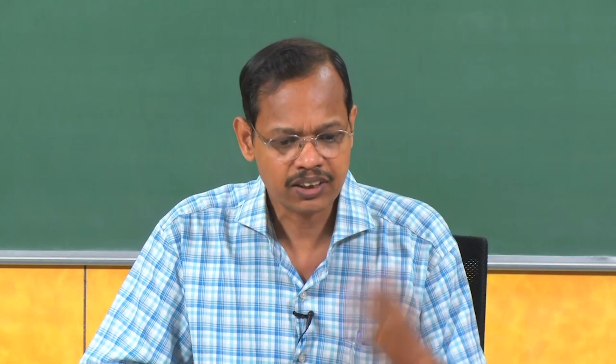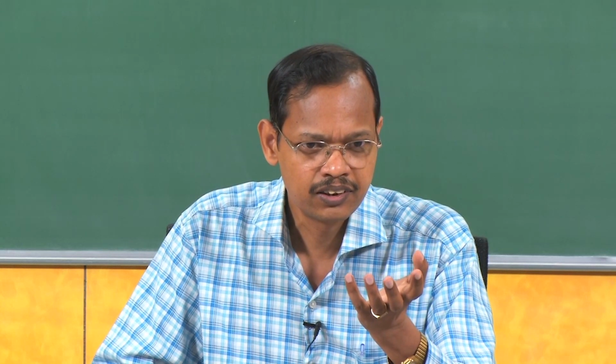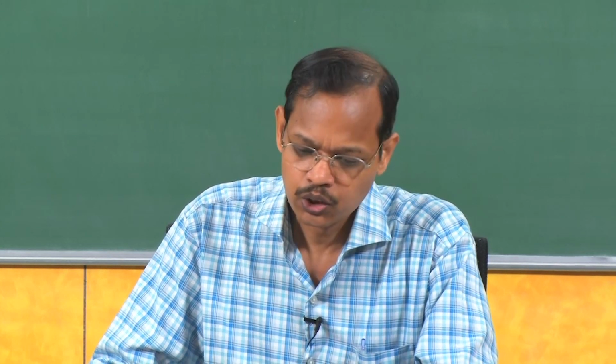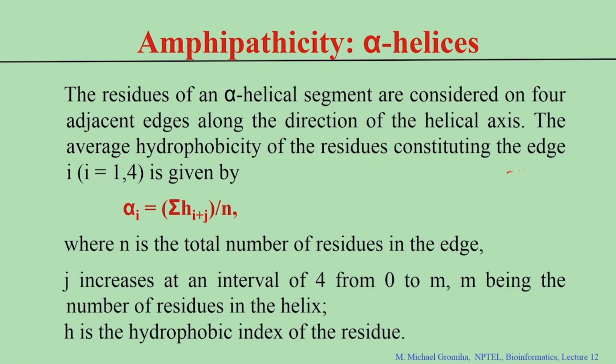How to do this? For example, if you take an alpha helical segment, how many residues per turn? 3.6 residues per turn. So if you have a helix, we start from here, and one turn is up to here, this way and this way.